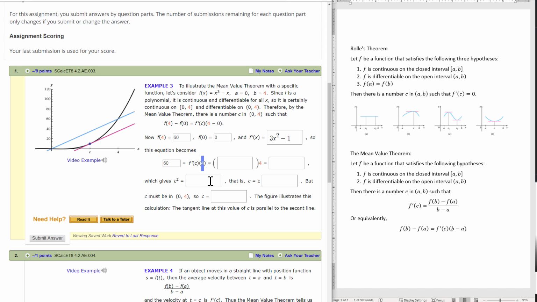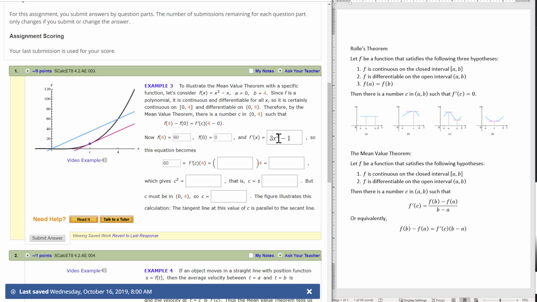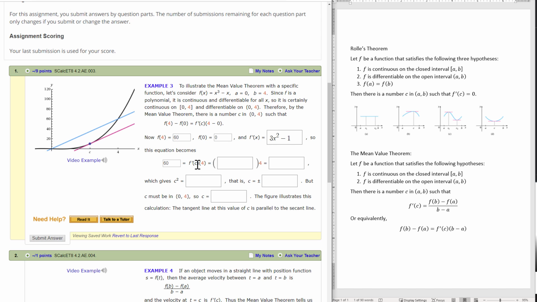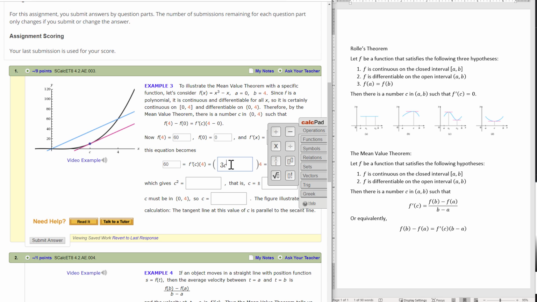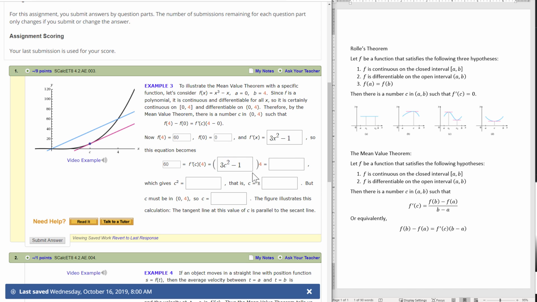Now they want us to fill in the expression next to 4, which is going to be 3x squared minus 1, except we have to evaluate it at c. So that's going to give us 3c squared minus 1. And then we're going to multiply that times 4. So I think that's just going to be 12c squared minus 4.